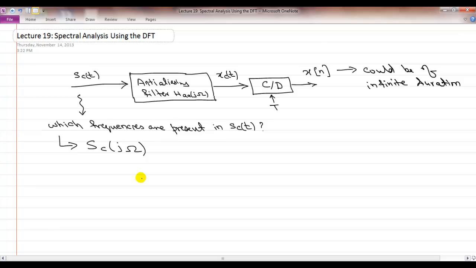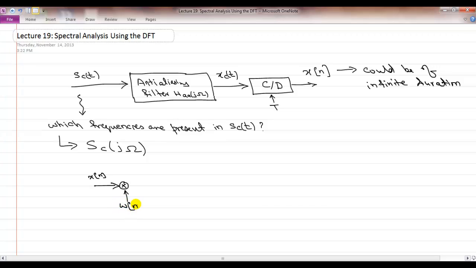So this is going to be of infinite duration. And the first thing after you sample for spectral analysis is that you get your xn. Whether you do that explicitly or not is a different thing, but you multiply it with a finite duration sequence, which is called a window.